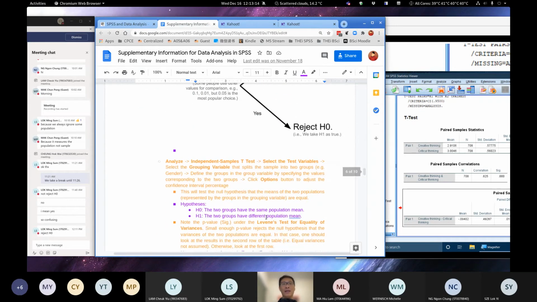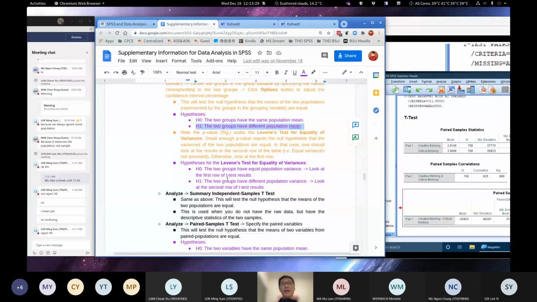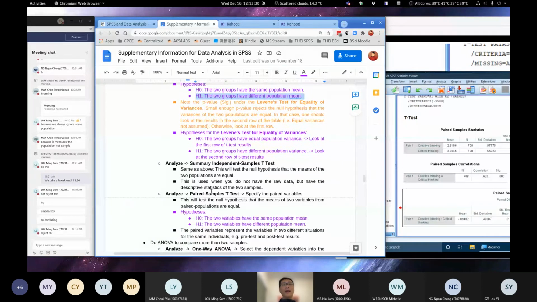And then we talk about the independent samples t-test, where you want to compare the population mean between 2 independent groups of people, such as male and female. Okay, 2 groups, not more than that, only 2 groups. And then we also talk about the paired sample t-test. Again, you have 2 things to compare, but you are not comparing between 2 groups of people, but instead you are comparing between 2 different variables of the same person.